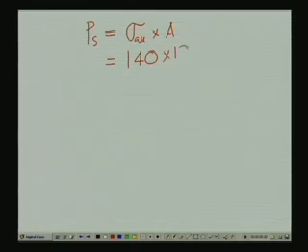Now, the load that can be carried by the steel bar is equal to the sigma allowable multiplied by the cross sectional area A. Since the limiting stress is 140 MPa for the steel bar and the cross sectional area is 1200 millimeter square, the maximum load that can be carried by the steel bar is equal to 168 kilonewton.